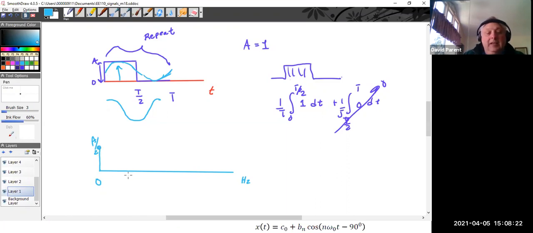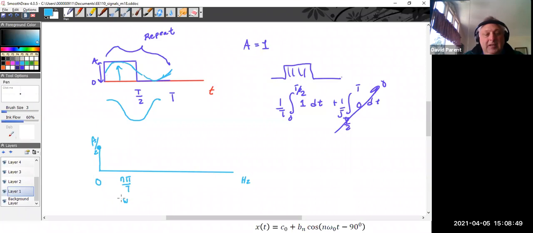And then now what we can do is you can either do n pi divided by T1, or you could do omega 1, omega 2, omega 3, depending on how you do the units.